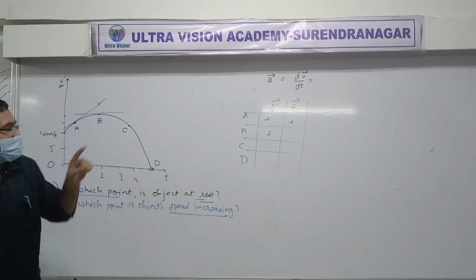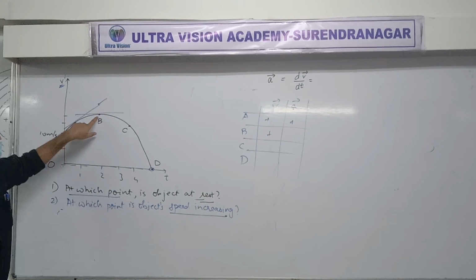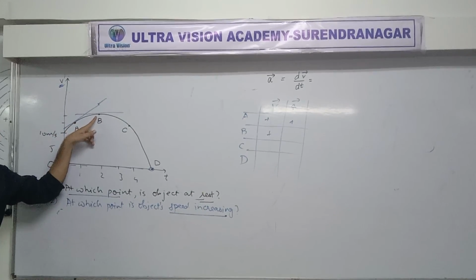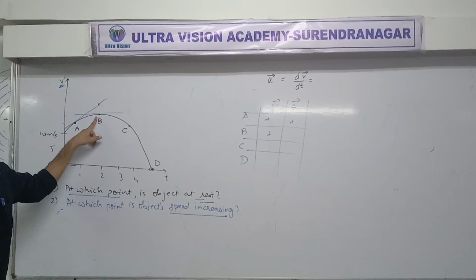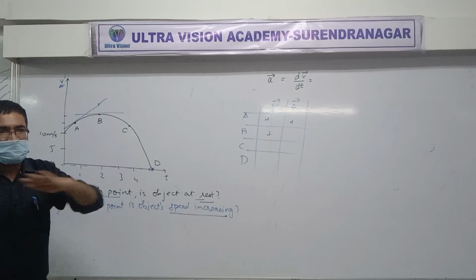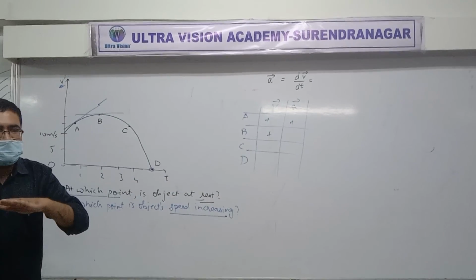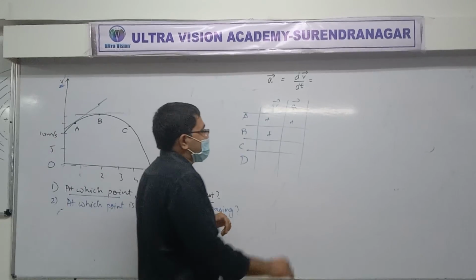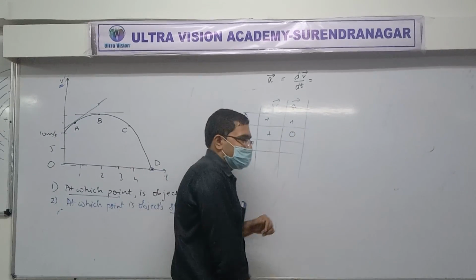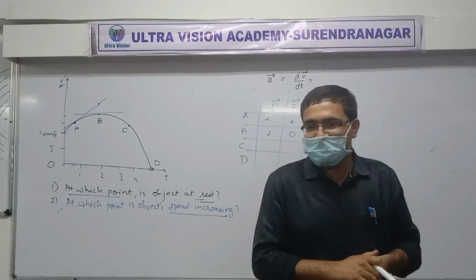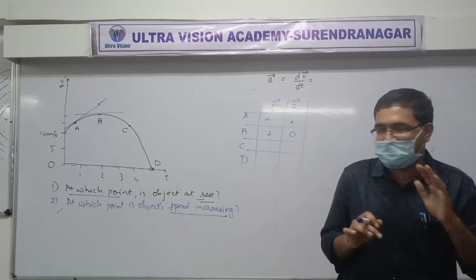Slope of the tangent. So draw the tangent. Look at the tangent. Does it have positive slope, zero slope, or negative slope? Zero slope. How do you know? It's horizontal. No slope. Clear or not clear? So at B, acceleration is zero. Why zero? Because the tangent is horizontal and the slope is zero.